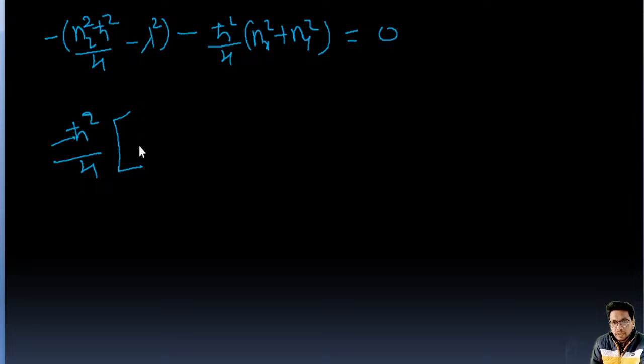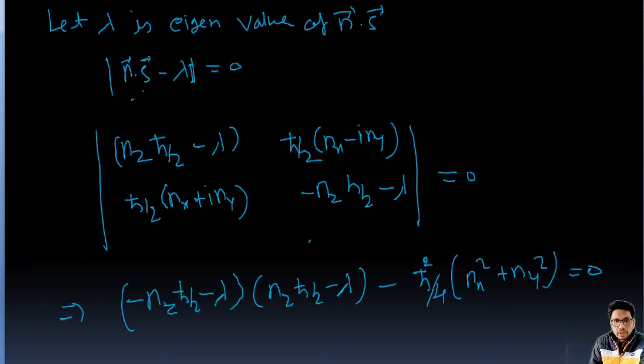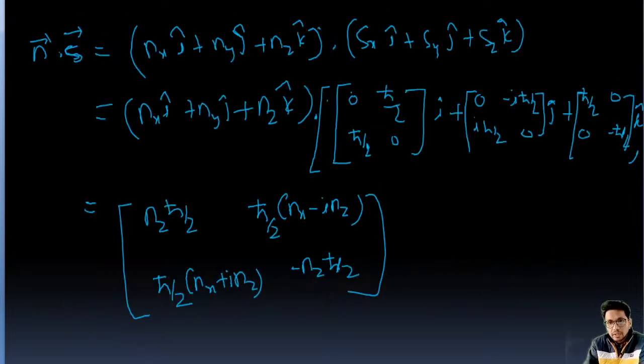So it is going to be nx square plus ny square plus nz square plus lambda square equal to 0. That implies, because we know nx, ny and nz are direction cosines, and I already explained this.